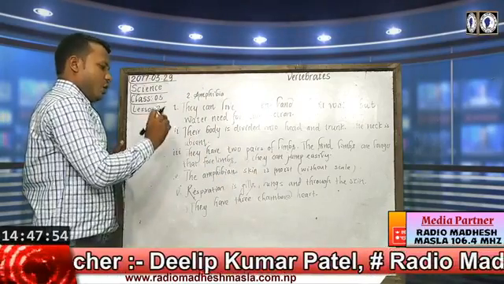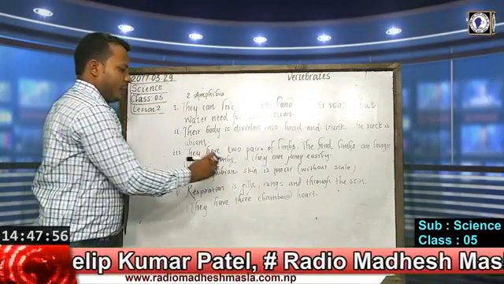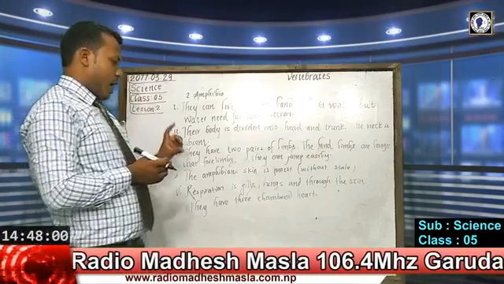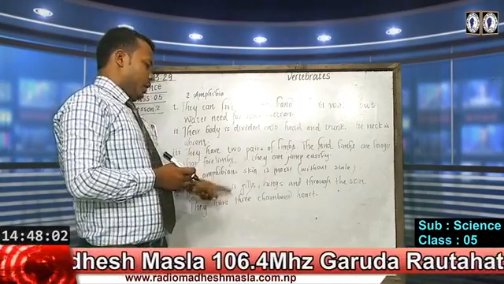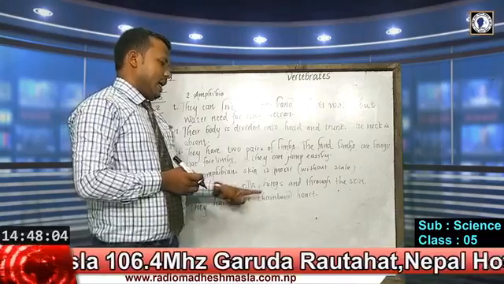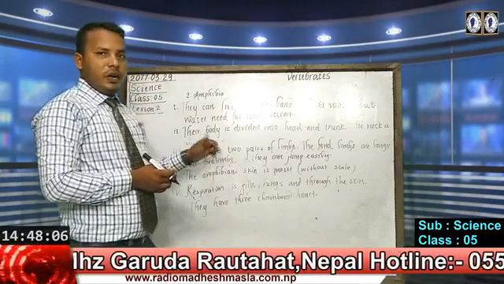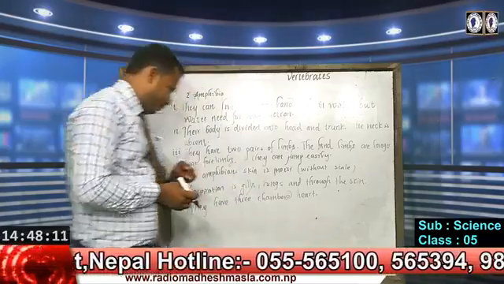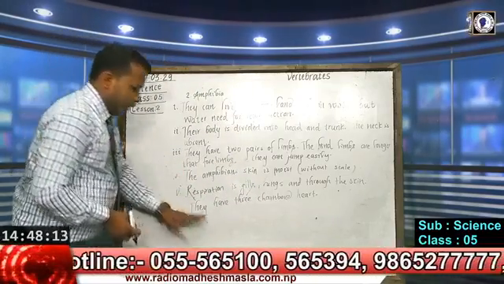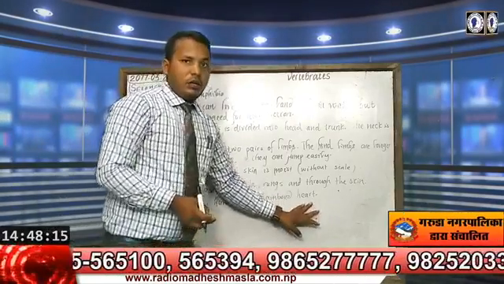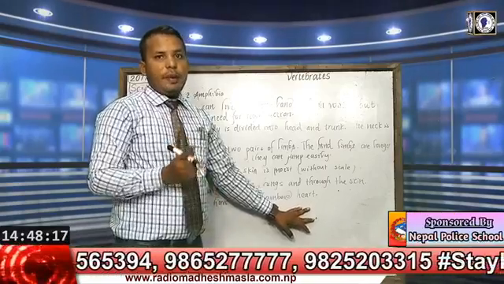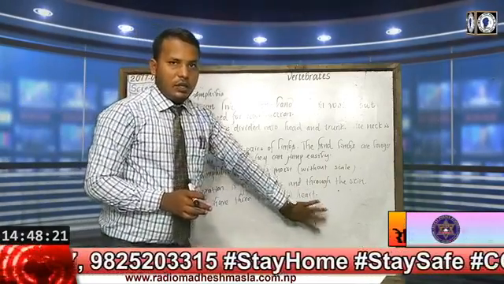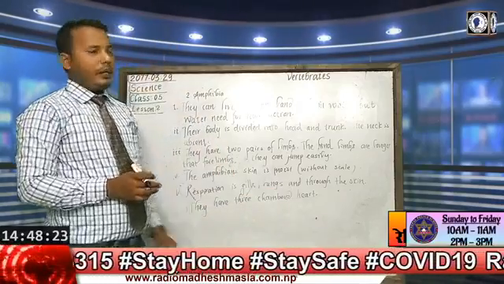When they are at the stage of tadpole, they breathe through gills, when they are on the land they breathe through lungs, and when they are in the water, they breathe through skin. Remember that. They have a three chambered heart, two atria, one ventricle.